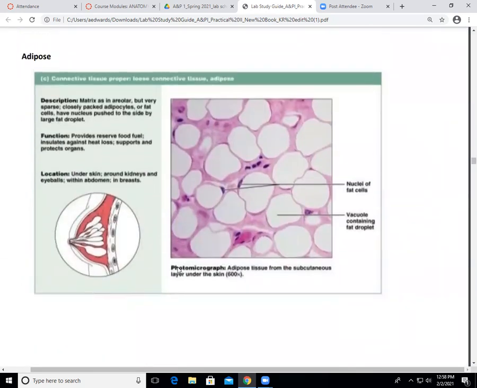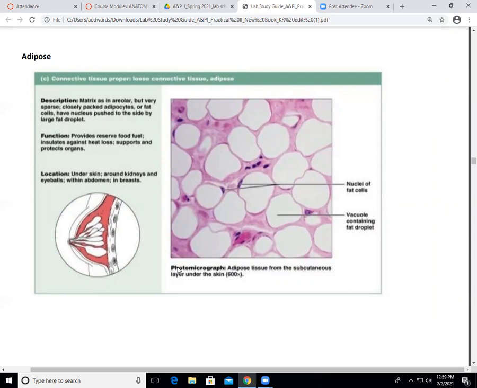Next, we have adipose tissue, also known as what? Fat. All right, adipocytes or fat cells. Okay, so where do we find it? Abdomen, breast tissue, okay, around the kidneys, under the eyeballs, under your skin. But basically, you see these little kind of like mothball or a honeycomb type structure.